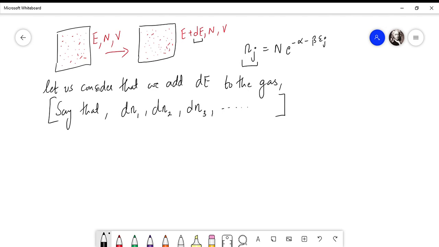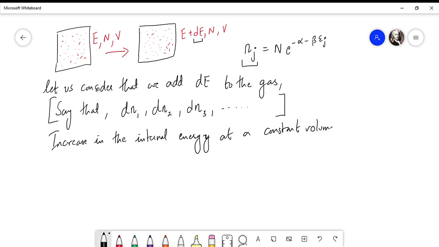Now, from the thermodynamics perspective, we know that the increase in the internal energy at a constant volume is simply this, right? dQ, the amount of heat added, which is also dE, is TdS.